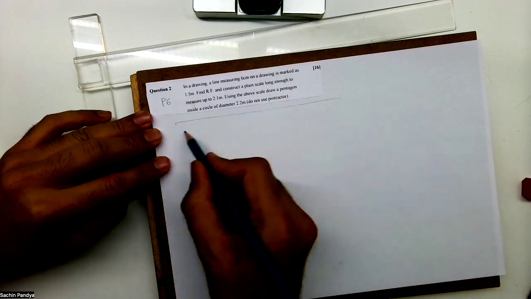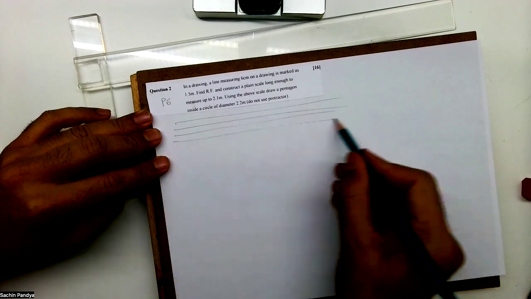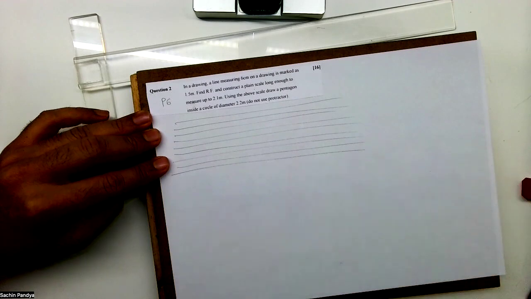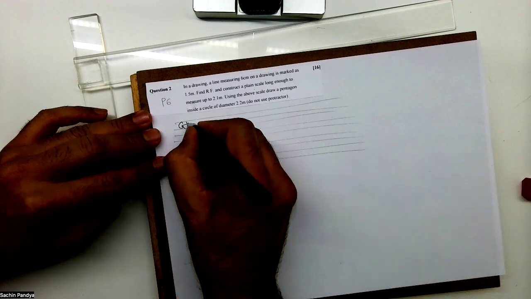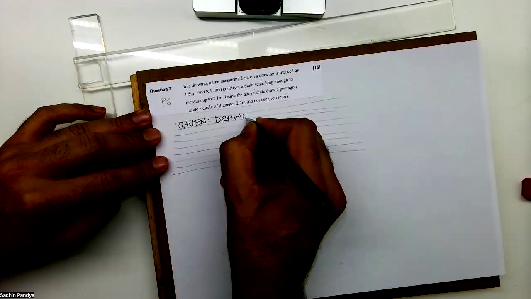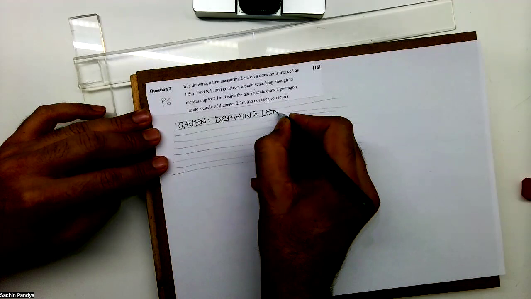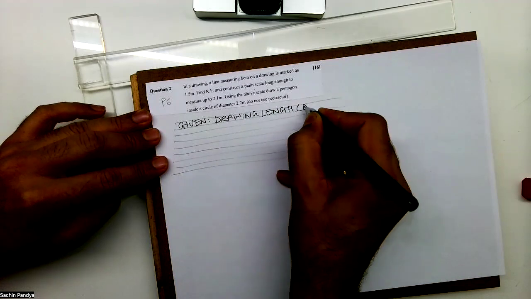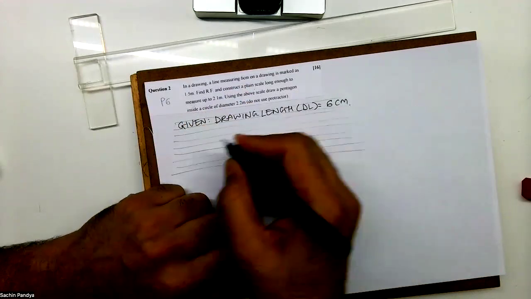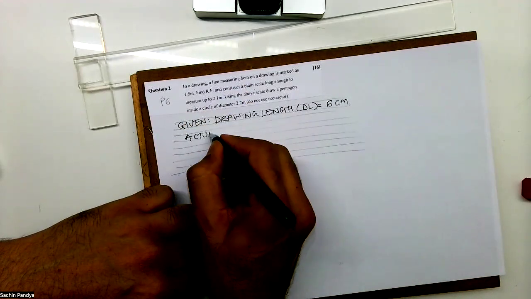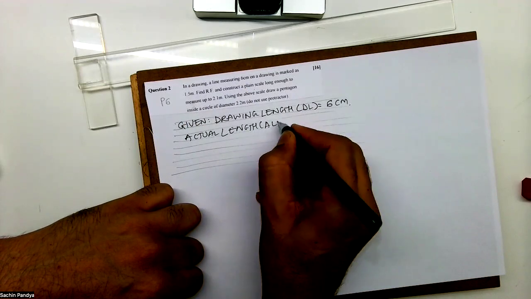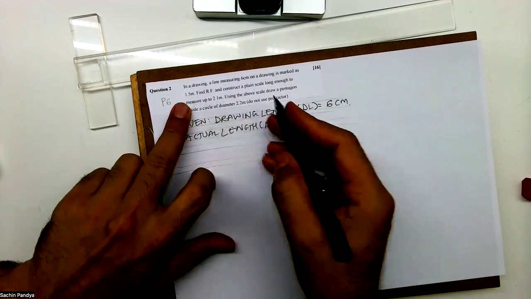First, we will draw guideline. Given drawing length. What is drawing length? Drawing length is 6 centimeter. What is actual length? What is actual length? 1.5 meter.